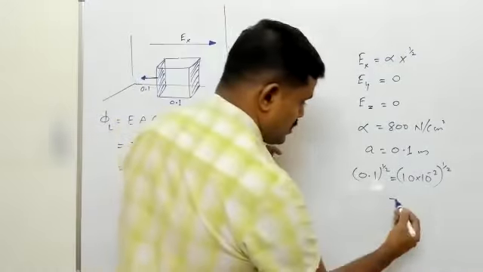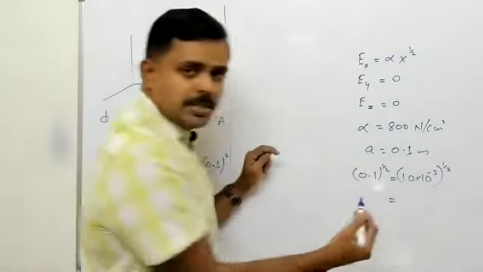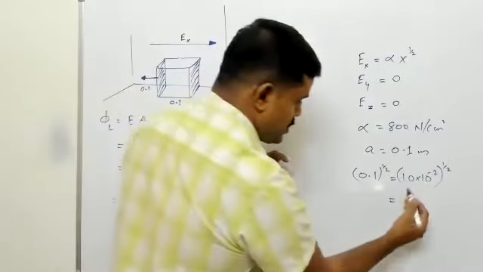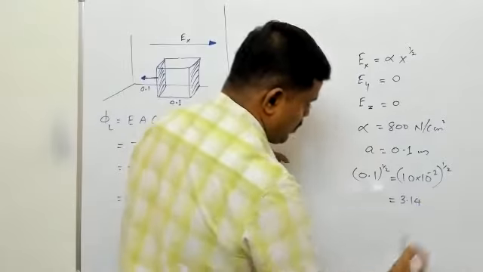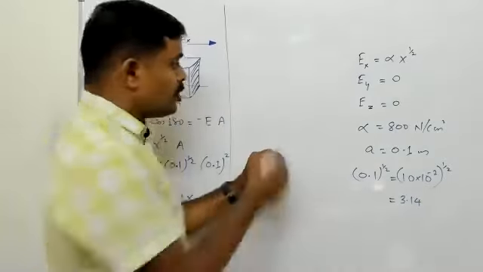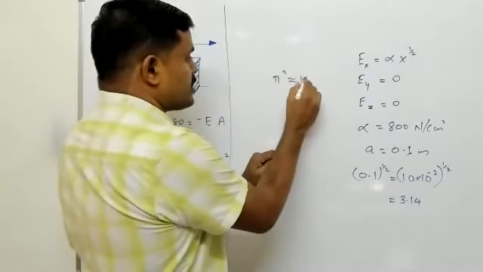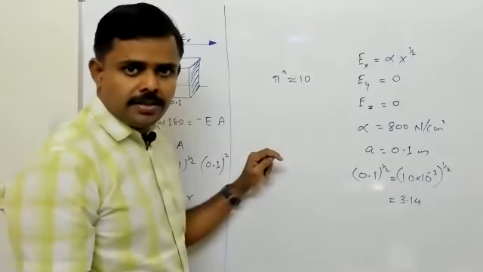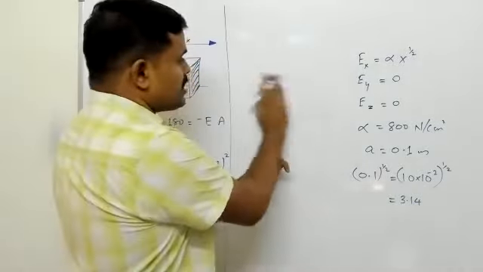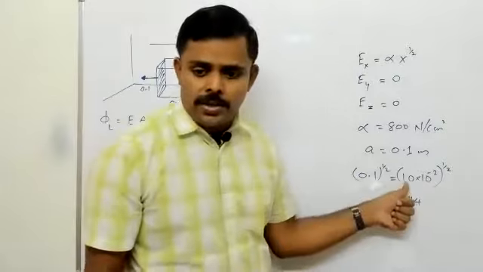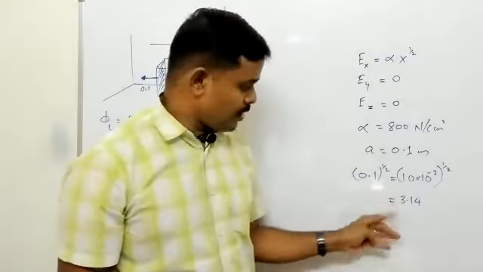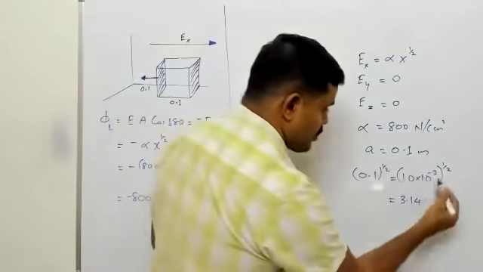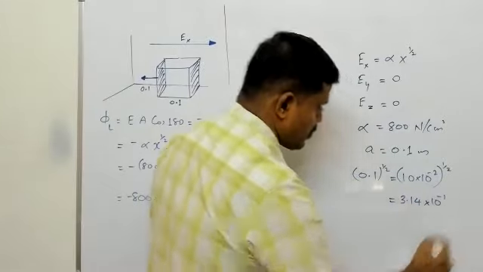Raised to half means square root. Square root of 10 is roughly 3.14. Why? Pi square is equal to 10 almost. Have you heard about it? Not yet? Anyway, just see this. Whenever you see 10, the square root of 10 is roughly pi, 3.14, into the square root of 10 power minus 2, which is 10 power minus 1.